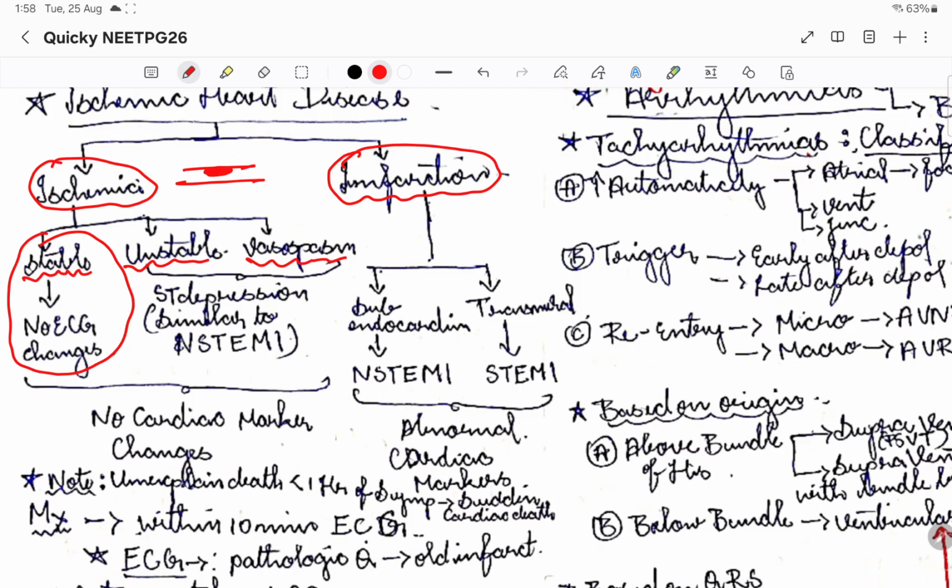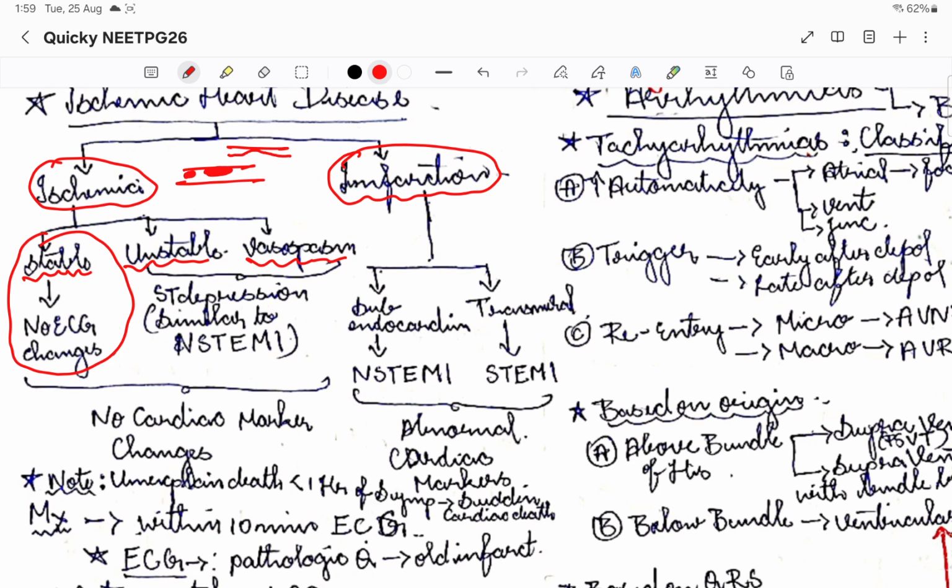Then coming to unstable angina, here the thrombus might have dislodged somewhere, and that is when unstable angina happens. Then there is also vasospasm, where there is no atherosclerosis or anything. Just because of chronic hypertension, there might suddenly be a spasm of that particular coronary vessel, leading to ischemia, a sudden loss of blood flow.